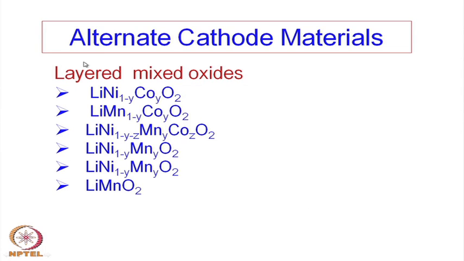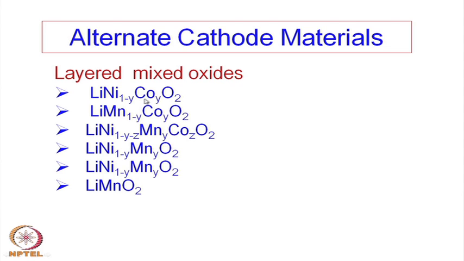So, there has been an attempt to reduce cobalt, because cobalt, as I mentioned, is a costly, not an economic material. If you can replace it completely or partly, that is the basic idea.